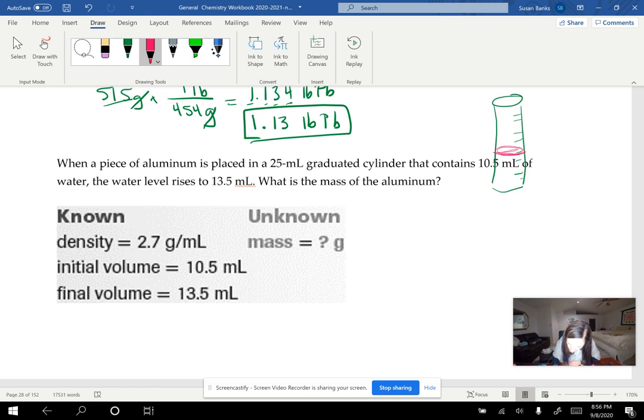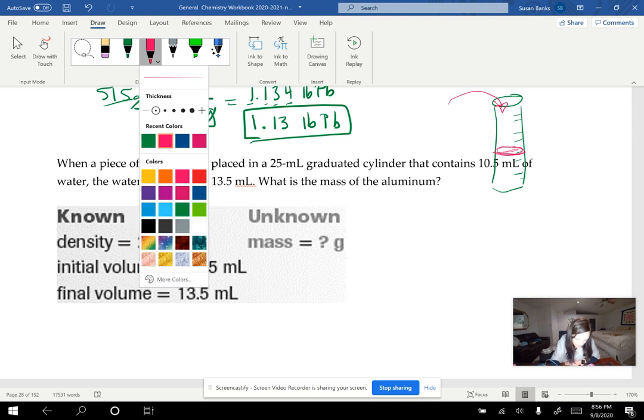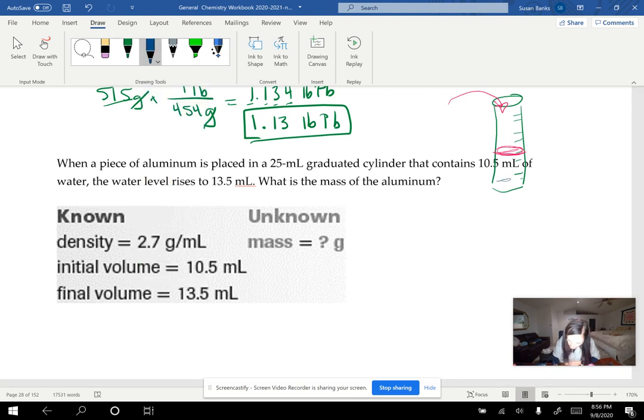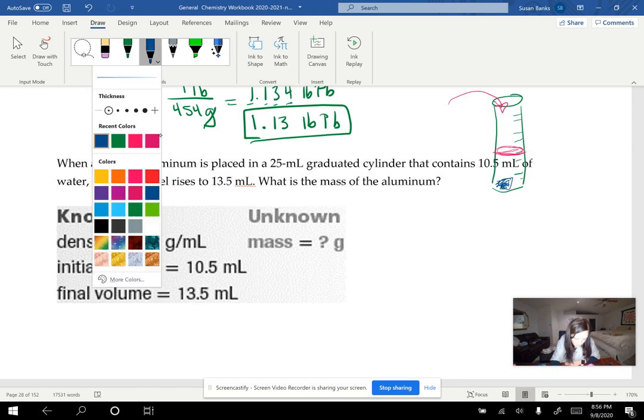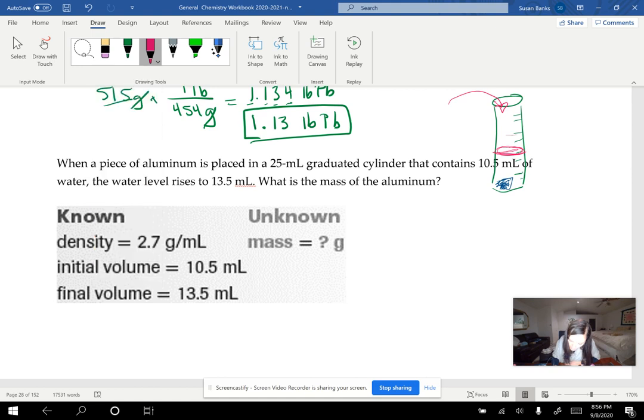So I've got some water sitting in here. And if I put something in it, let's say a little chunk of lead, that's going to make that water rise up.